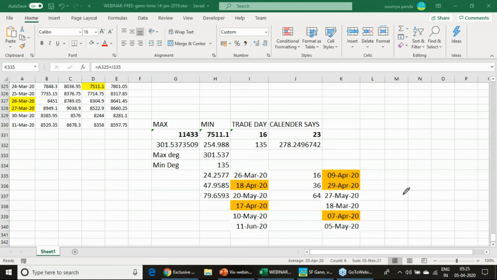Please note it in your notebook. These are the dates: 7th April, 9th April, 29th, 17th and 18th. These are the 5 different days you can experience a trend change in the Nifty.